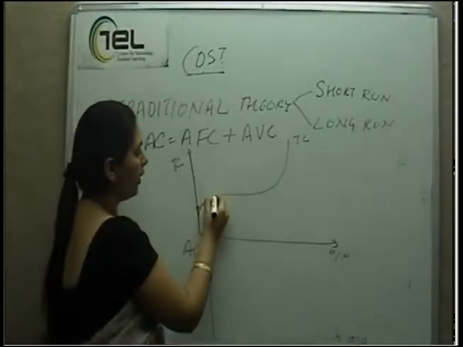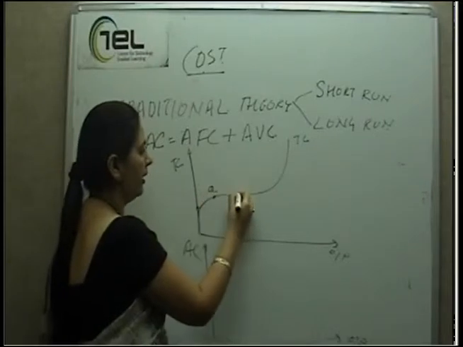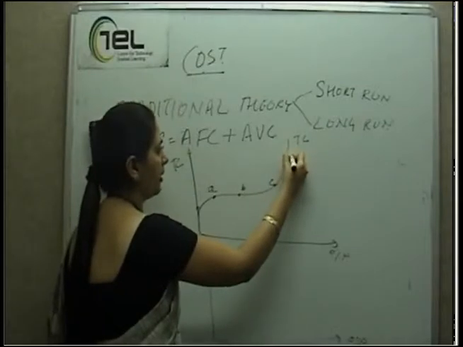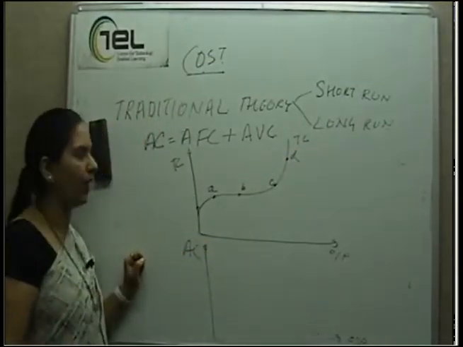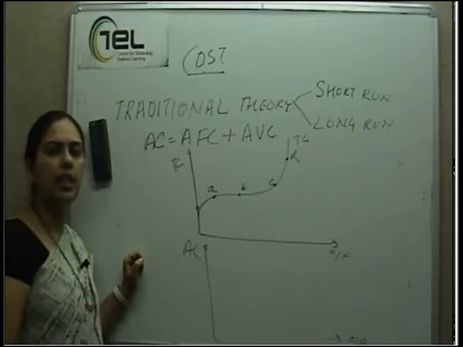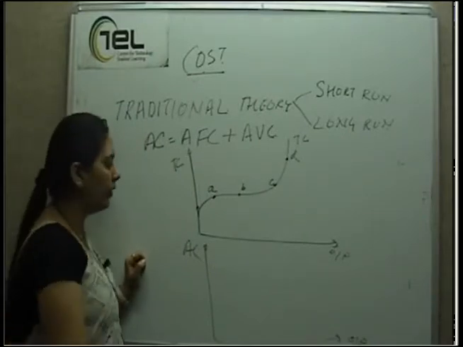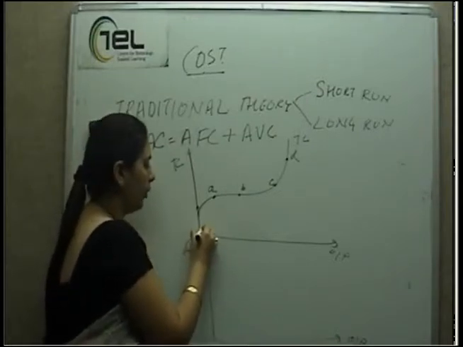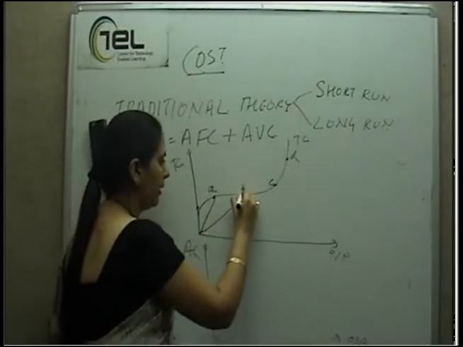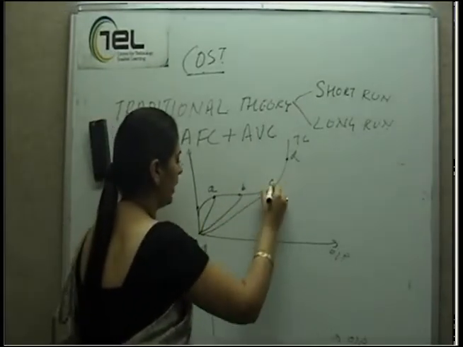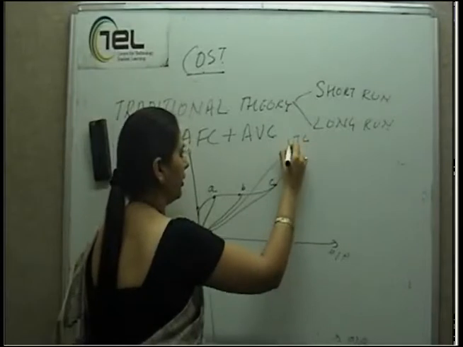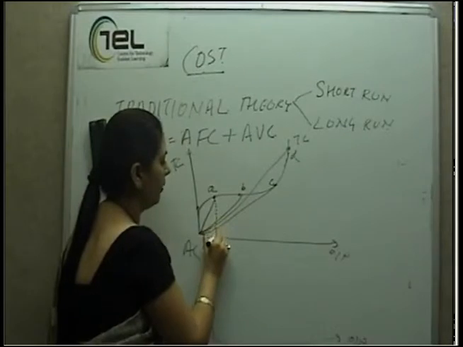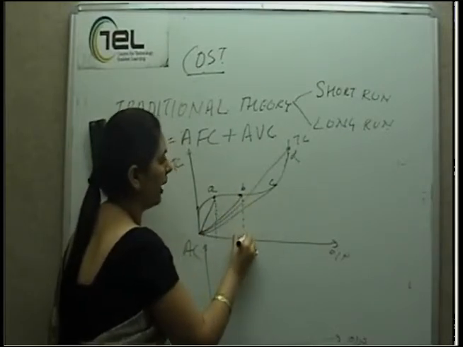Now we are going to take 4 points, say point A, point B, point C and point D. These are the 4 points I have taken on total cost, A, B, C and D. Now we will be joining from origin point to point A, to point B, C, and last will be point D. And I will be joining these points to my x-axis.